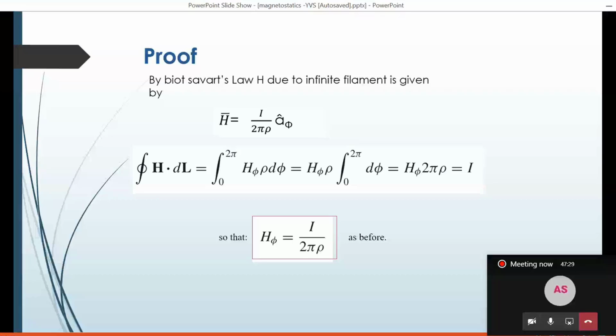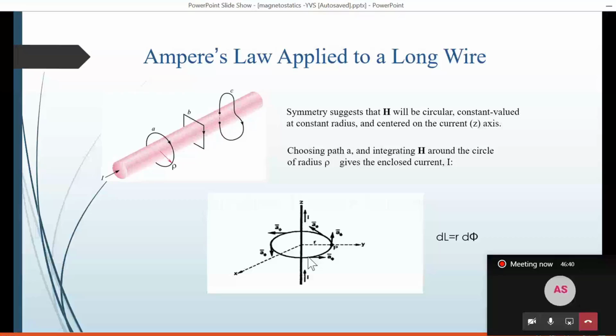Then I will use that r into d phi into a phi cap here, and I will take the dot product of this h and that dl bar.